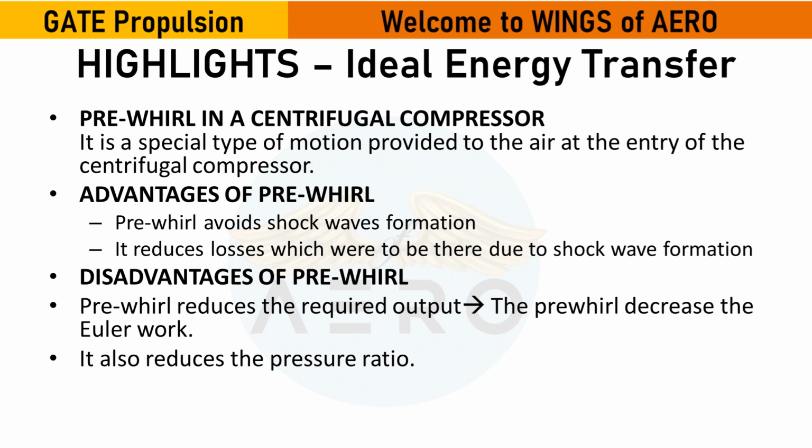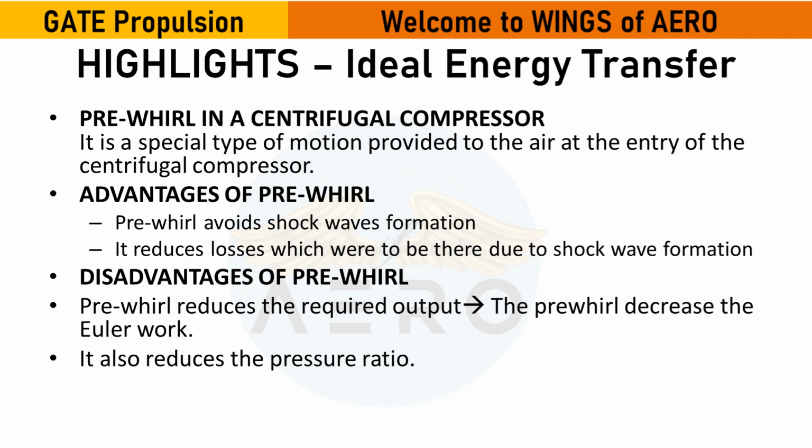Choking is a condition where at some point, when the flow is moving over the blades, it will reach sonic. Once it reaches sonic, obviously it will create shock wave formation, and due to the shock wave it can damage the blade. It can cause reverse flow, flow separation, boundary layer disturbances, turbulence, stalling.